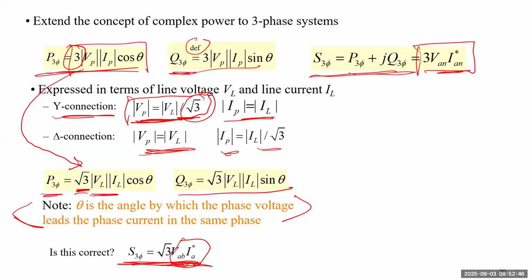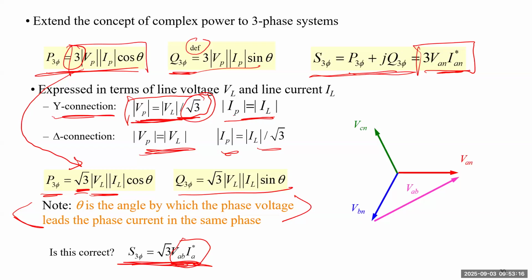If you calculate this one, that will give you a wrong answer. You can try assuming any voltage phasors and use this formula to calculate complex power: calculate the real part, the imaginary part, and combine them into the complex power, or use the other formula. The second formula will give you the wrong answer. It can be explained using the phasor diagram. If we draw the phasors A, B, C for voltages, we use VAN as a reference.